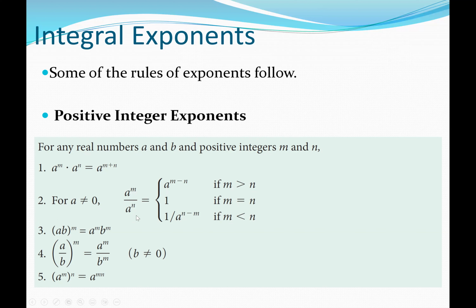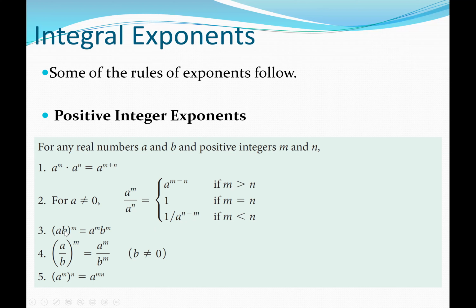Now, if m is the same as n, then we get 1, because we are going to get a to the power 0, and any value or variable raised to the power 0, the answer is 1. Now, if n is greater than m, then we are going to get a negative exponent value. So here we can find the reciprocal of it. So it will be 1 over a to the power n minus m to make it positive.